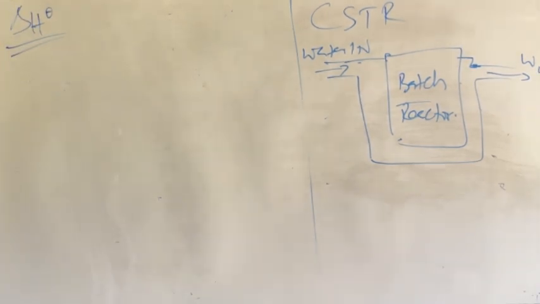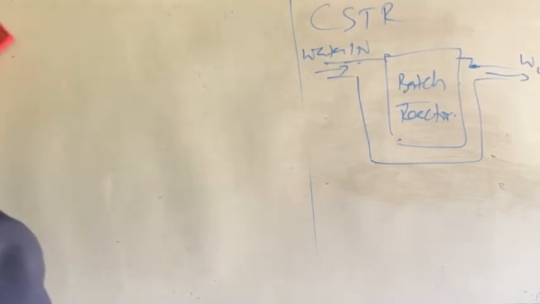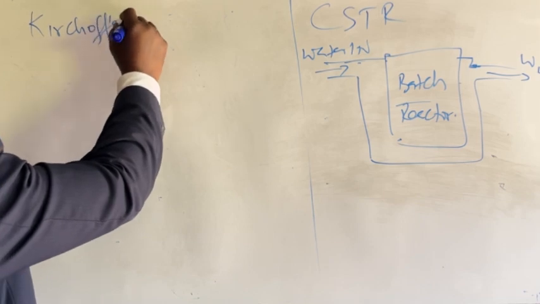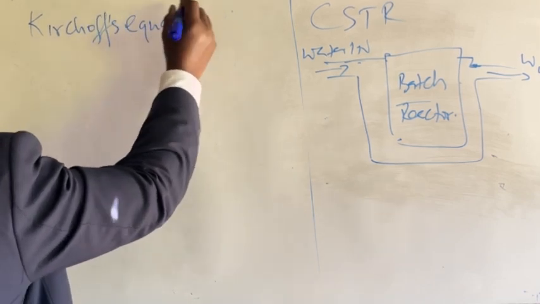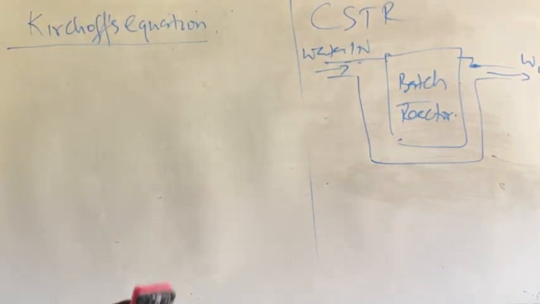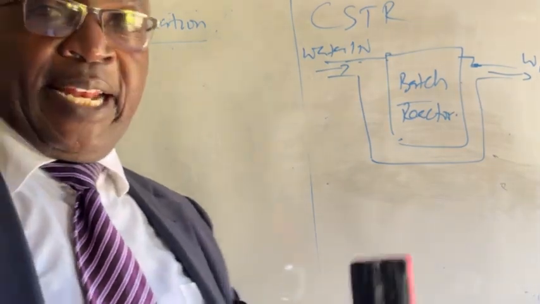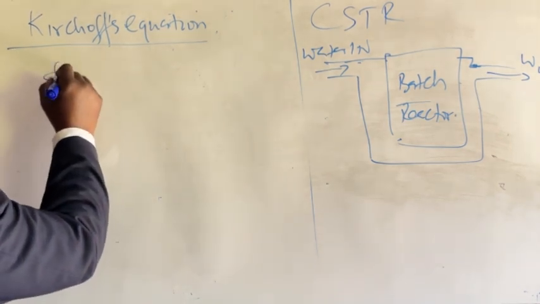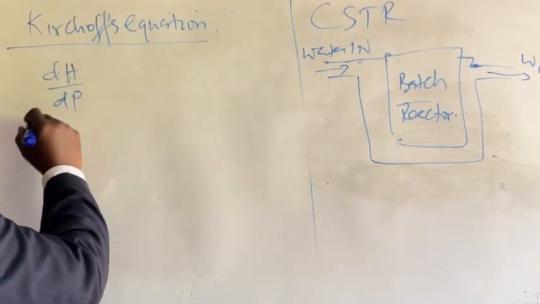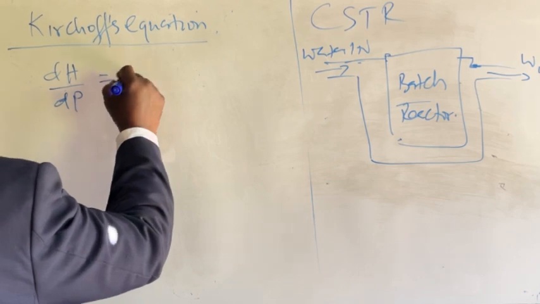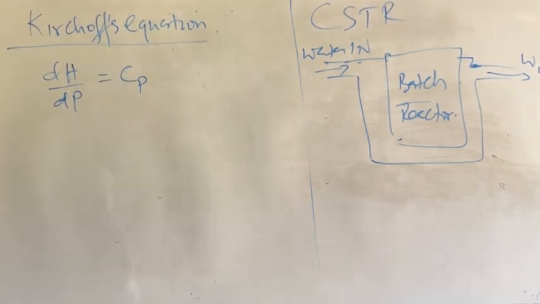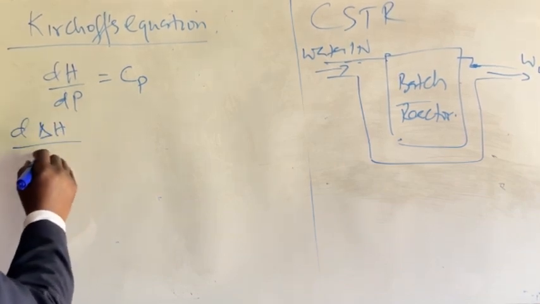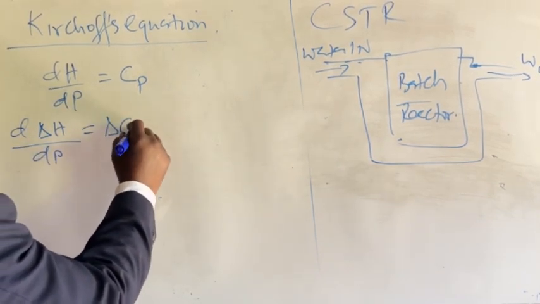This is very important for us in terms of use of Kirchhoff's equation. I don't want to call it Kirchhoff's law because there's Kirchhoff's law in electronics, so I'll just call it Kirchhoff's equation. And so we just start from first principles. If you look at our earlier lectures, we saw that dH by dT gives you the isobaric heat capacity. And so if there's a change in enthalpy, d delta H by dT, then there will be a change in heat capacity.